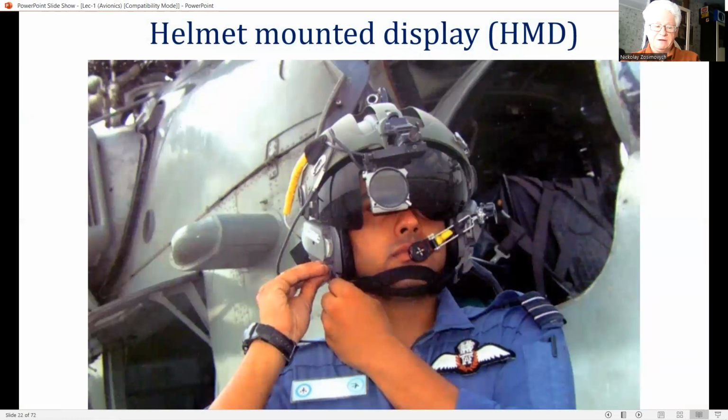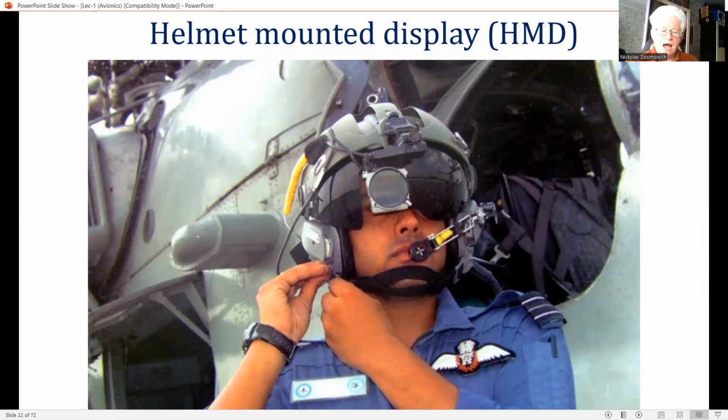The HMD enables the pilot to be presented with information while looking in any direction, as opposed to the limited forward field of view of the HUD. An essential element in the overall HMD system is the helmet tracker system to derive the direction of the pilot's sight line relative to the aircraft axis.